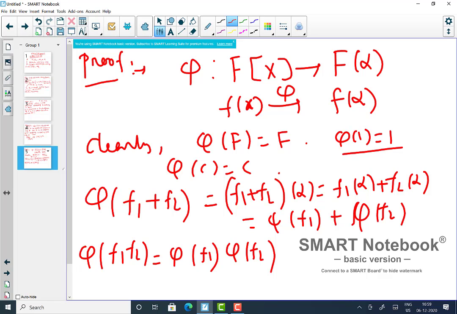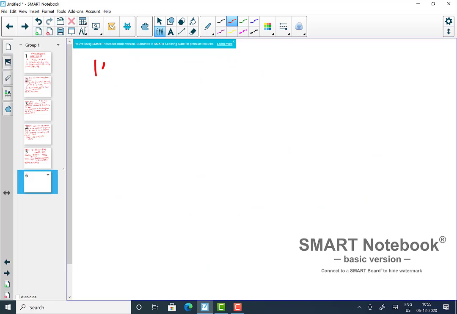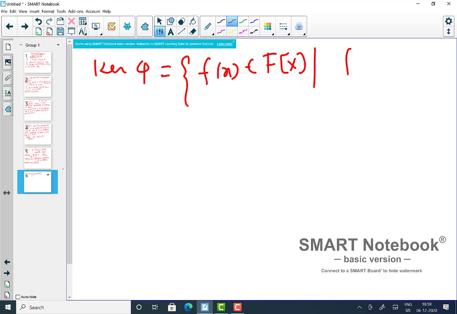Now once you have the homomorphism property, you can ask what is the kernel of this homomorphism, right? So the kernel contains all the polynomials f(x) belonging to F[x] such that f(alpha) is 0.